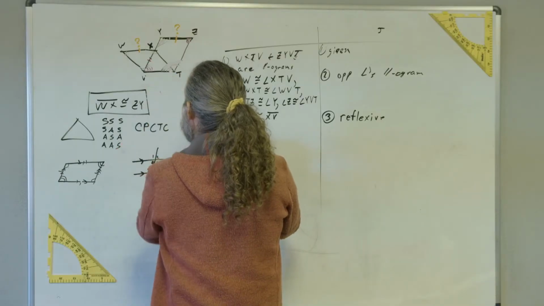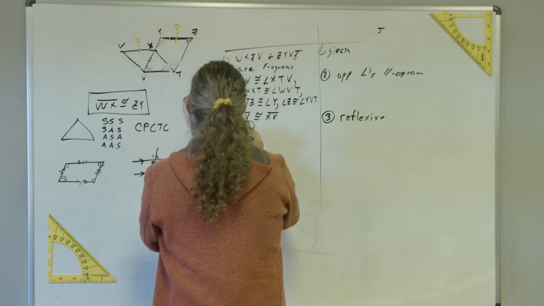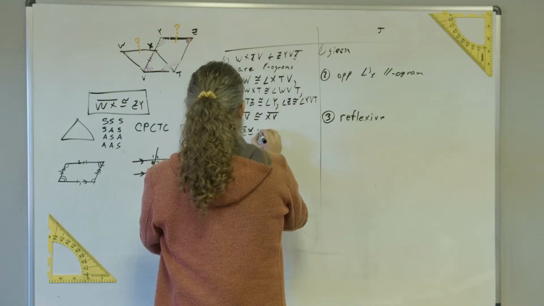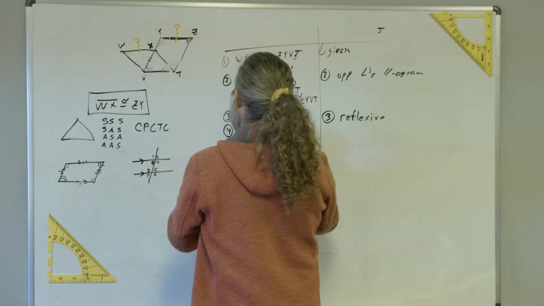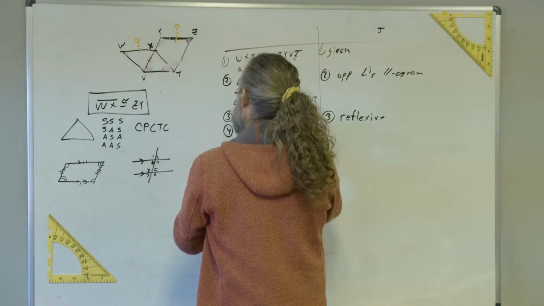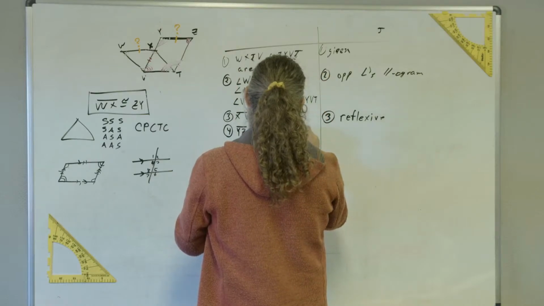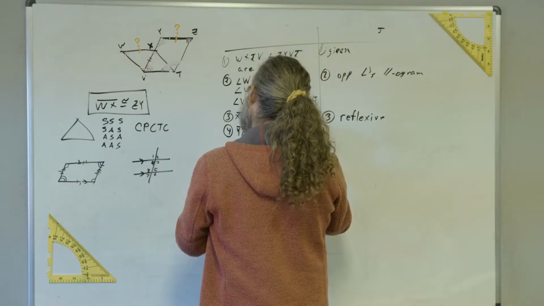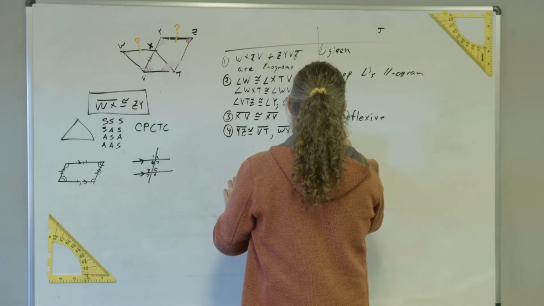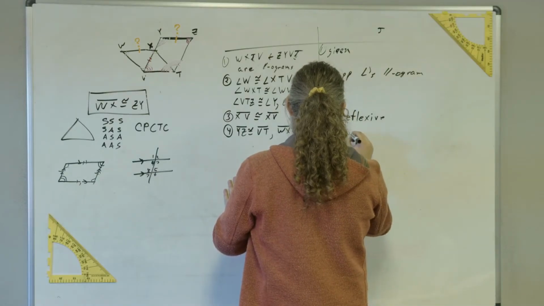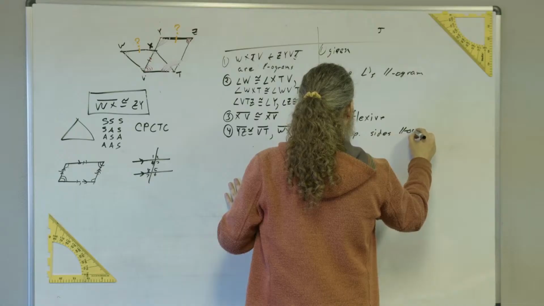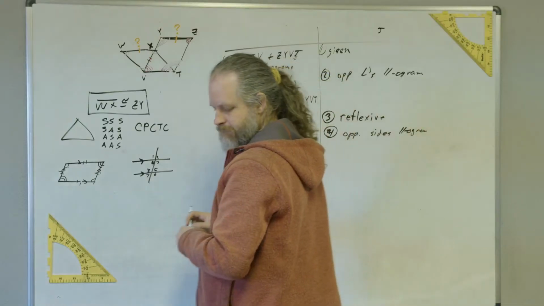This is also in one of the triangles. So YZ is congruent to VT, and WX is congruent to VT because opposite sides of a parallelogram, right?